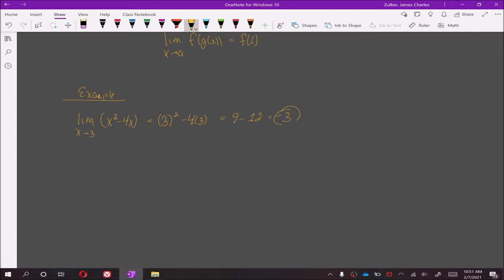Let's look at the limit as x approaches 2 of x cubed minus 5x minus 1. Once again, this is a polynomial. We can simply plug 2 in. Eight minus 10 minus 1. Here we get negative 3.